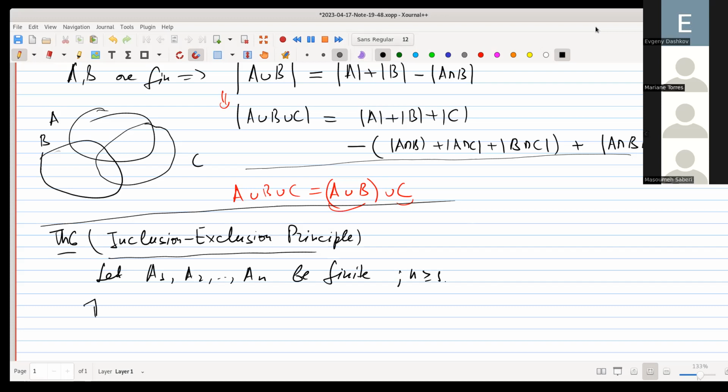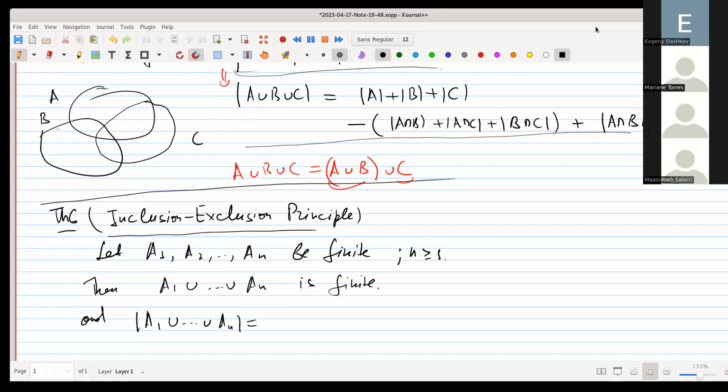Then the union of n such sets is finite, of course. This follows easily from our basic result.